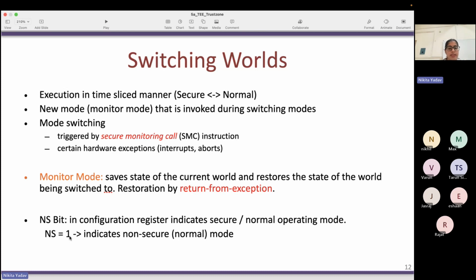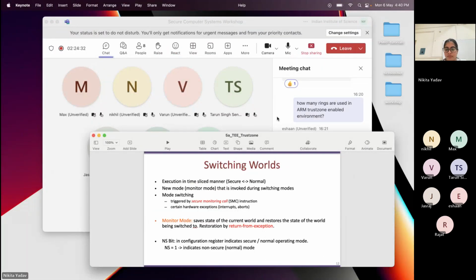If the bit is set to 1, that means non-secure, so your processor is running in the normal world or non-secure mode. And can you now tell me who can set this bit? Who can change this bit?